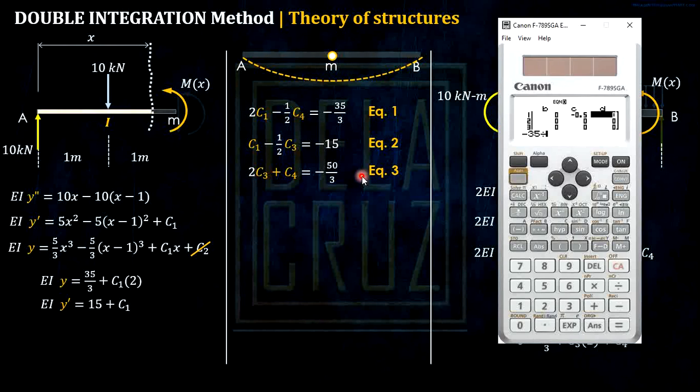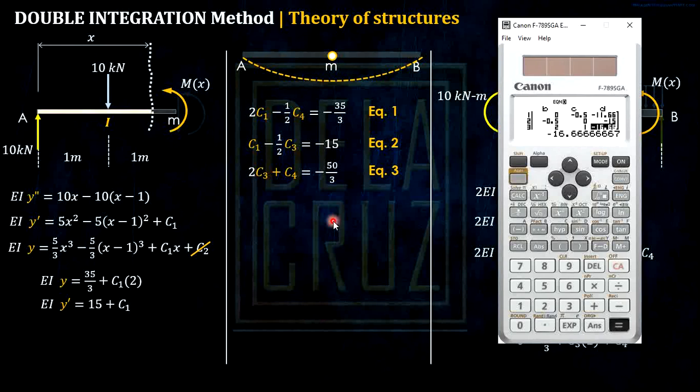35 divided by 3. And dito naman, C1 is 1, C3 is negative 1/2, and C4 here is 0, and the constant is negative 15. And the last equation, wala tayong C1, so C1 is 0, C3 is 2, C4 is 1, and the constant is negative 50 divided by 3.